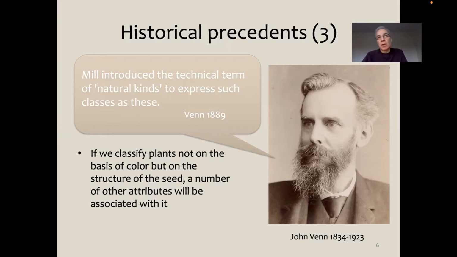Occasionally he says real kinds, but he never says natural kinds. Now, as I'll try to say, I think the phrase is a bit unfortunate, but we seem to be stuck with it. And so it's become the standard way of talking about real groupings in nature that are revealed by these natural classification schemes.